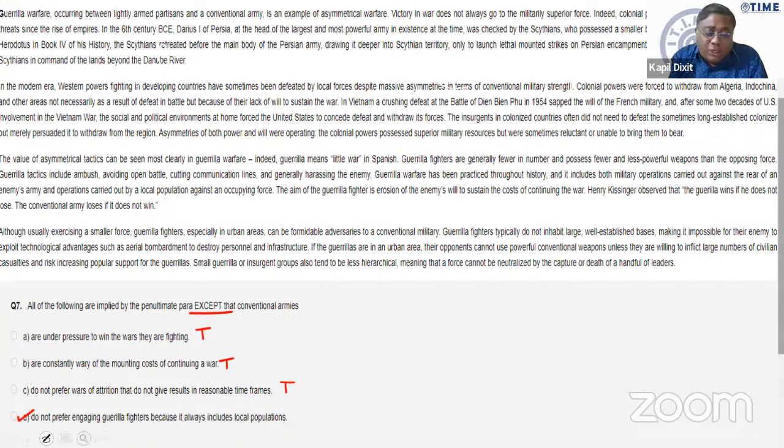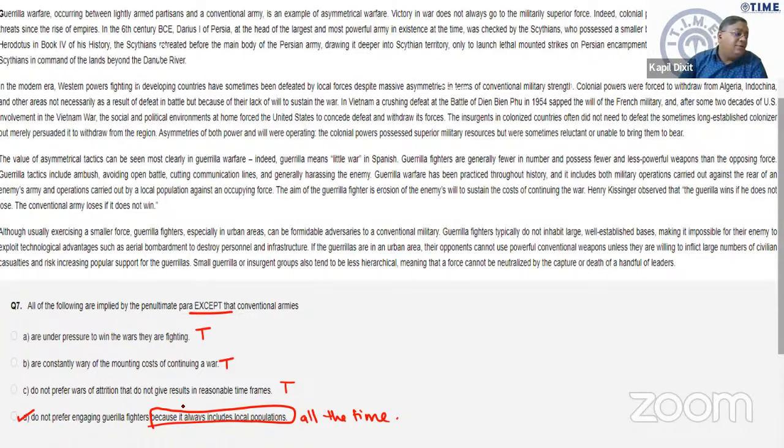Why? Because conventional armies have to contend with the local population fighting as guerrillas, but the para does not say that guerrilla warfare includes the local population all the time. Hence, this becomes the answer. So this is choice D. If you had even identified the true statements, you could have marked D.